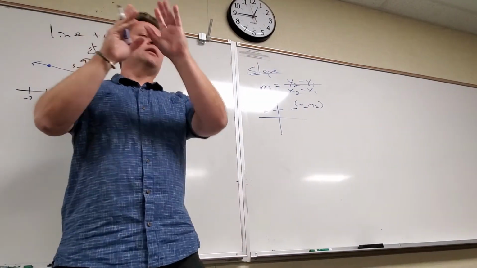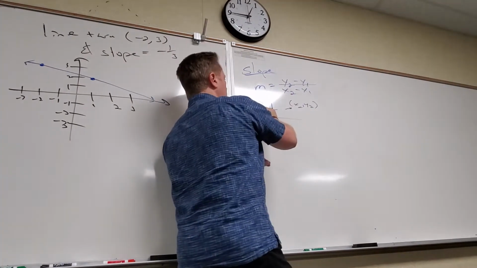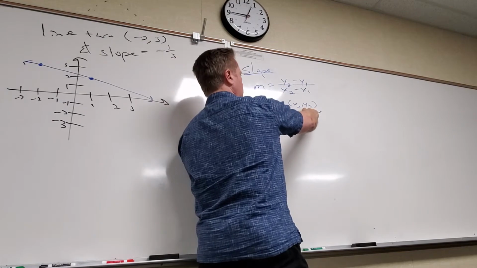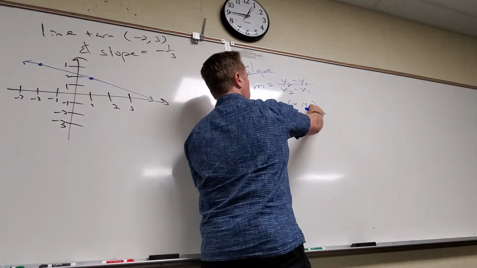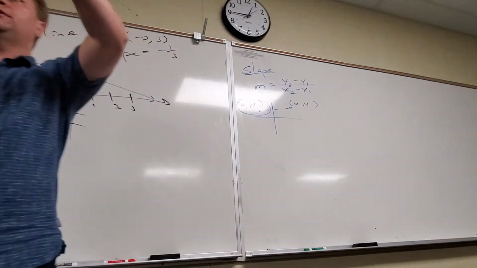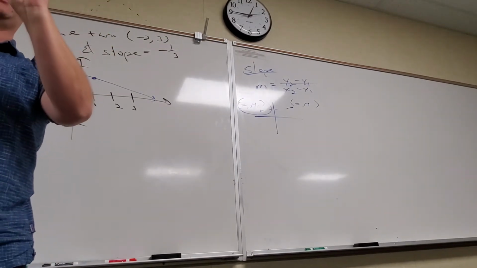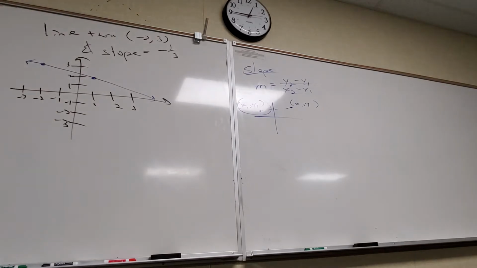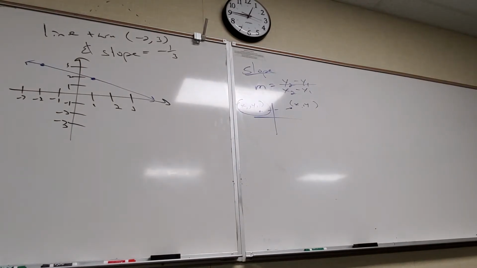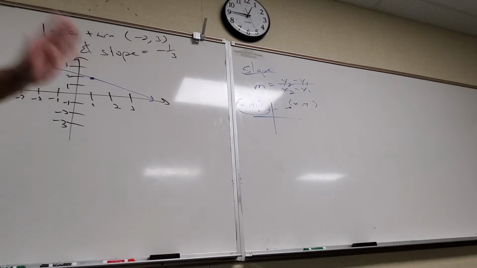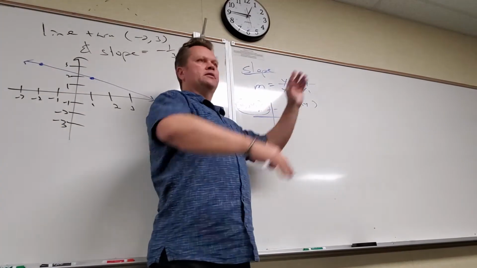So let me say this. If I'm given a point, does the other point have to be something specific? No. It could be anything on that line, any other point on the line. The subscripts always just mean a specific value for this thing. So x sub 1 means the x value from the first point. If I take the subscript away, it's just any point on the line.